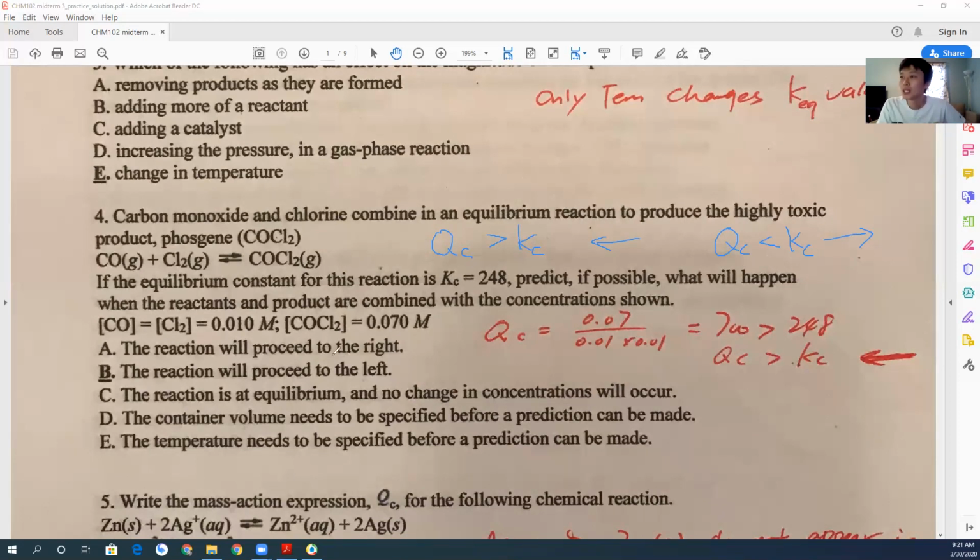In this case, all the concentrations are given, so we can plug them into the Qc equation. After the calculation, Qc is equal to 700, which is greater than the Kc value. So when Qc is greater than Kc, the reaction will proceed to the left, and the right answer should be B.